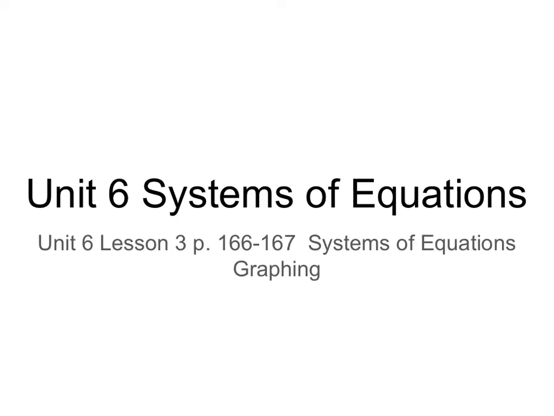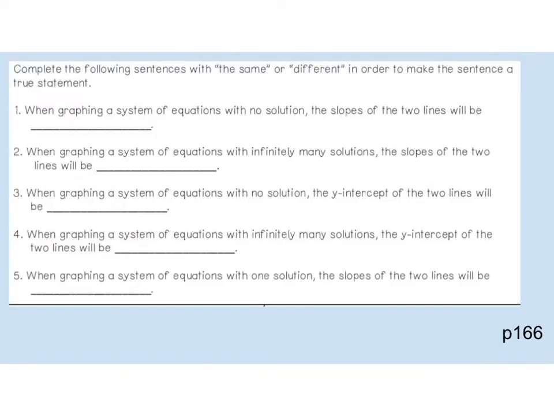So this is an extension of Unit 6, Lesson 3, where we are solving systems of equations with graphing. We kind of touched on this in a previous video, but when you're graphing a system of equations with no solution, the slope of the two lines will be the same.